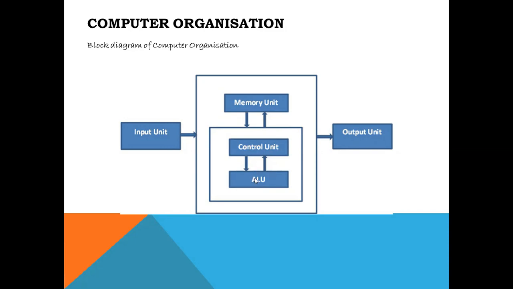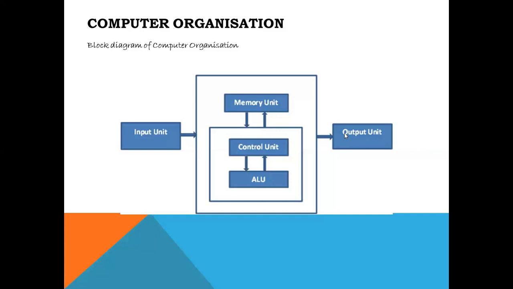This ALU performs calculation such as addition, subtraction, multiplication, division, and some comparison and logic operations. Control unit controls all the functions in a computer. Memory unit stores the data, the processed data, then gives the result through output devices.